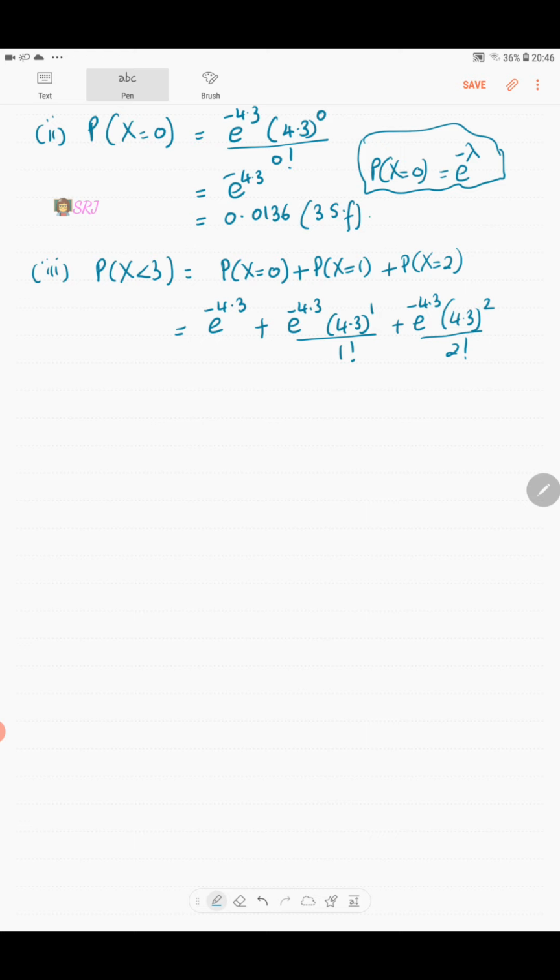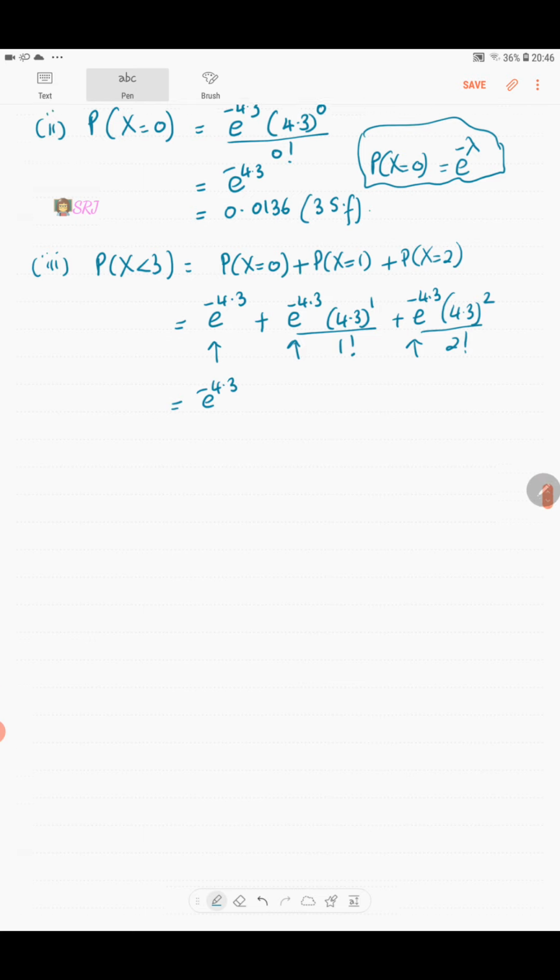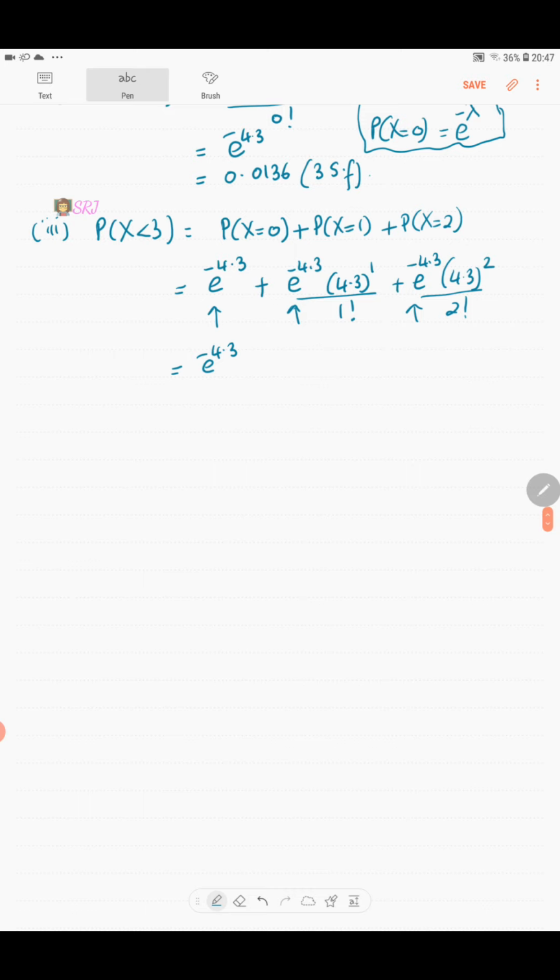It is more efficient to take out a factor of e power minus 4.3 rather than calculating the individual terms here. We have e power minus 4.3, e power minus 4.3, so we just take it out. It becomes easier for calculation purposes. So when we do so, we have e power minus 4.3 into 1 plus 4.3 plus 4.3 squared over 2 factorial, which is 2.